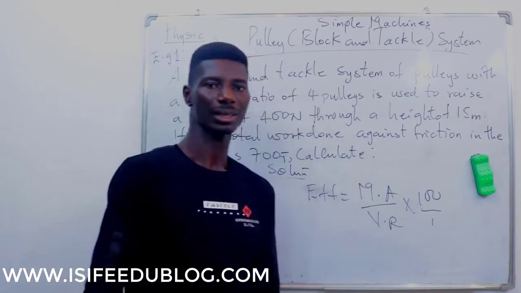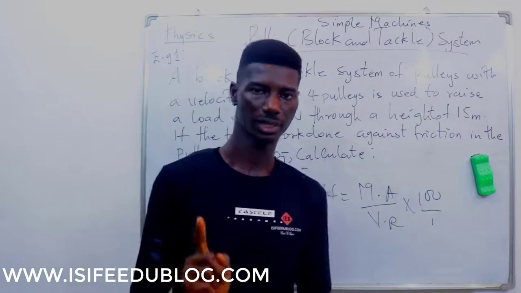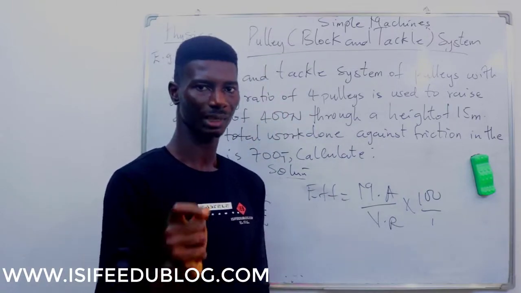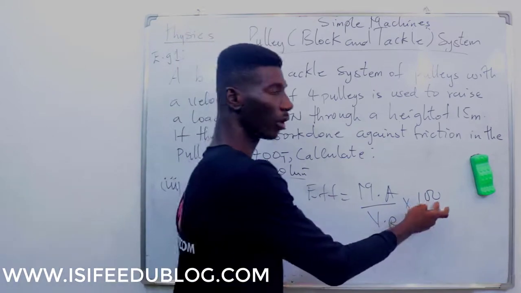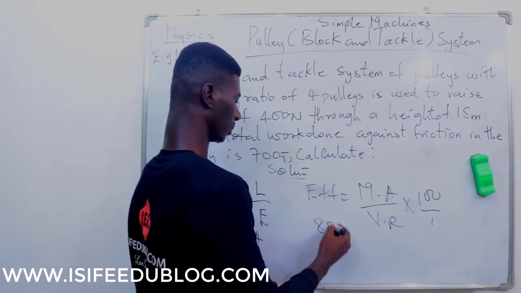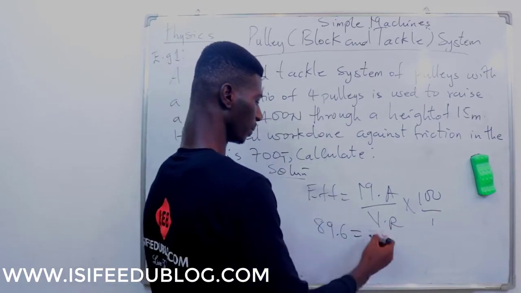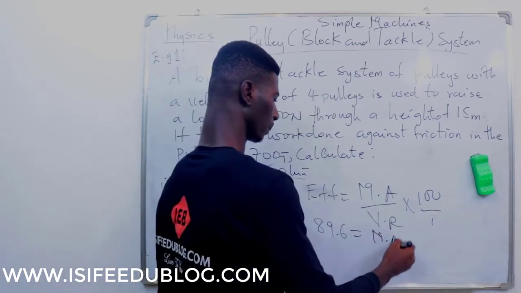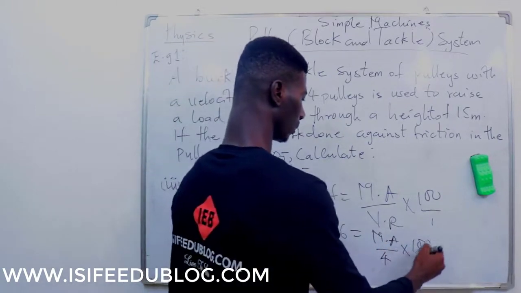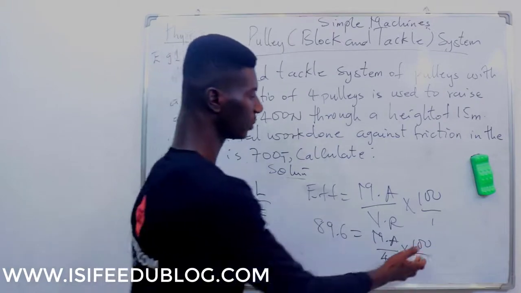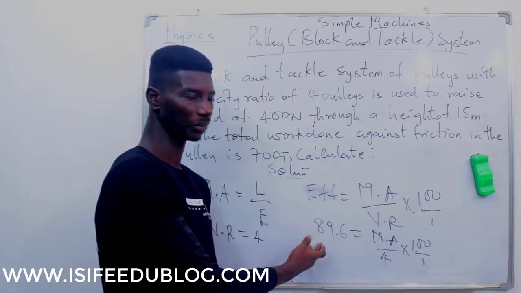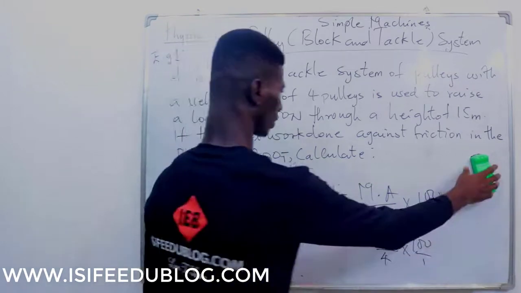What we got, our efficiency is 89.6%. If you want to make use of 89.6 direct, you have to maintain 100. If you are writing 89.6, this will be mechanical advantage over velocity ratio, which is 4, times 100 over 1. But if you don't want to make use of this 100, you just divide this straight by 100, then remove 100. Depends on your choice.